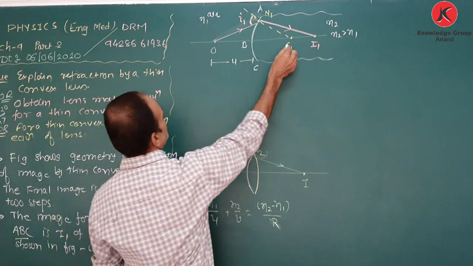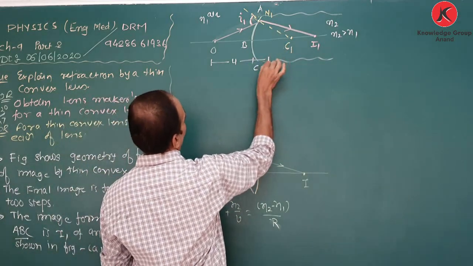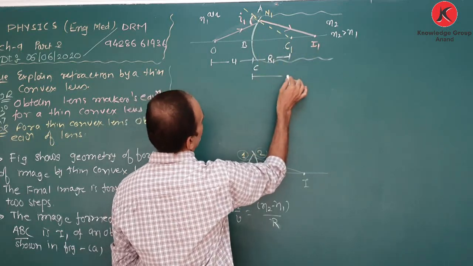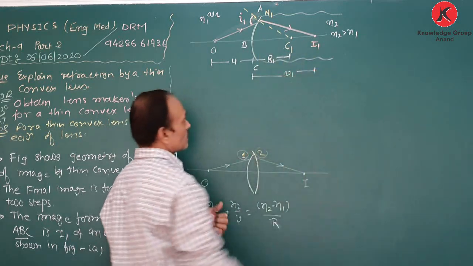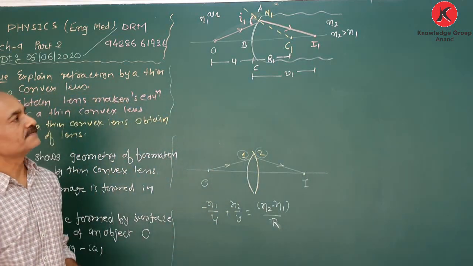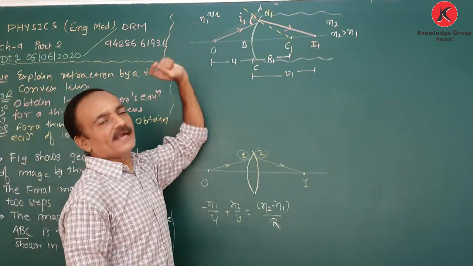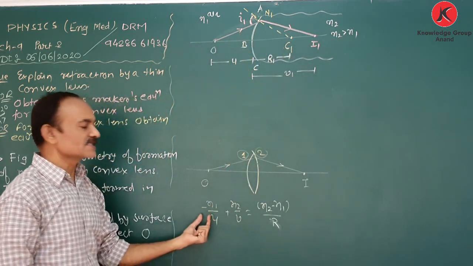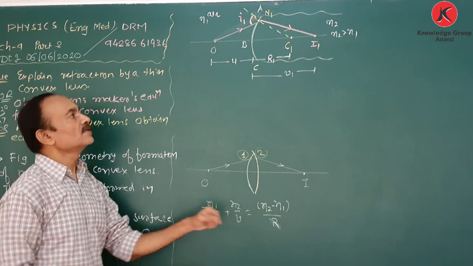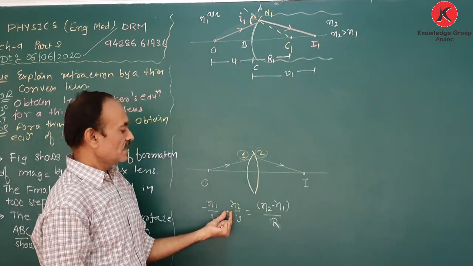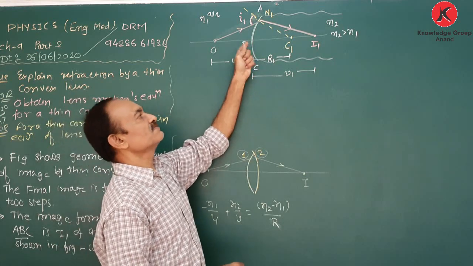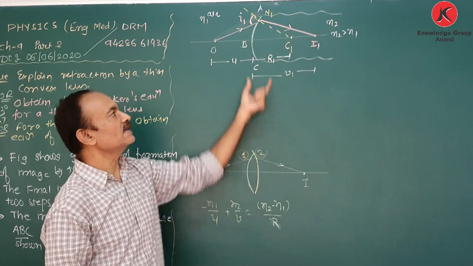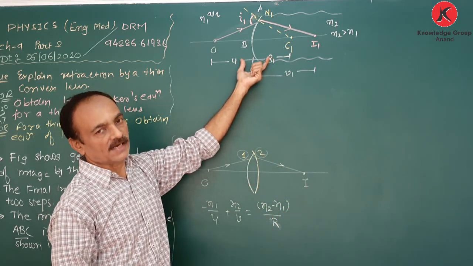Now here BC1 is our R, and BI1 is our image distance v1. Here the ray of light is going from the rarer to the denser medium. Therefore, we use this equation: minus n1 upon u, where u is our OB distance, plus n2 upon v, where v is BI1 distance, is equal to n2 minus n1 upon R, where R is equal to BC1.